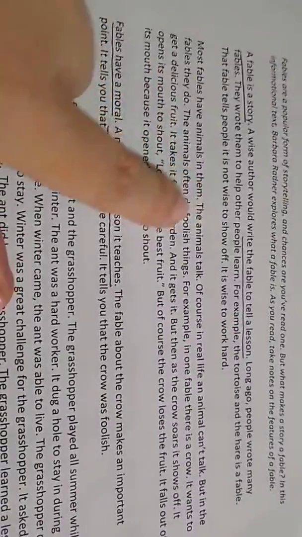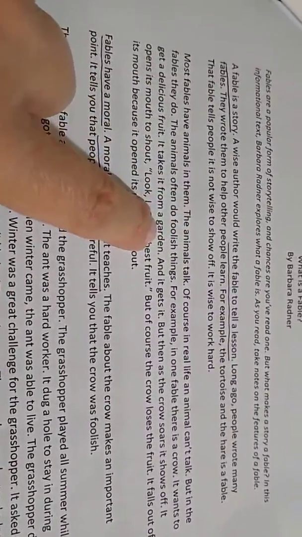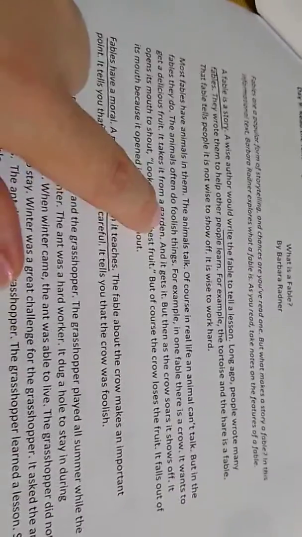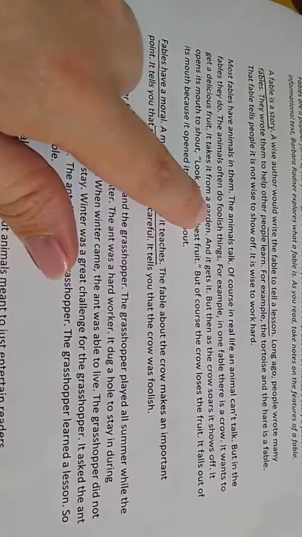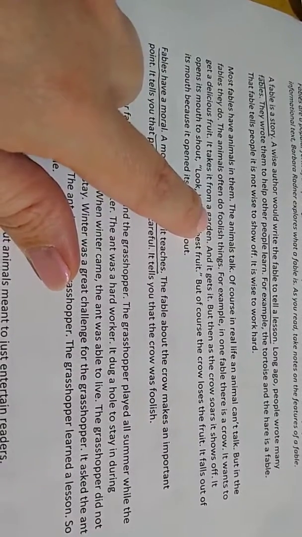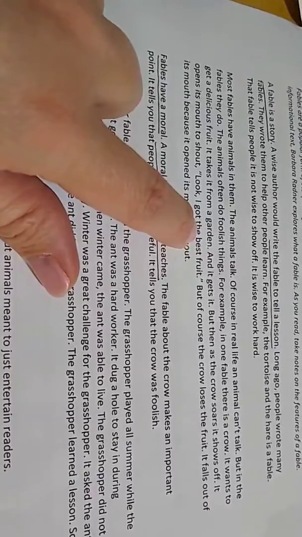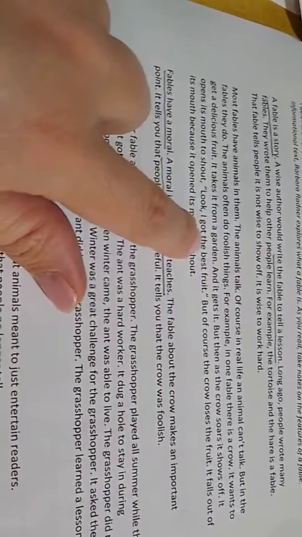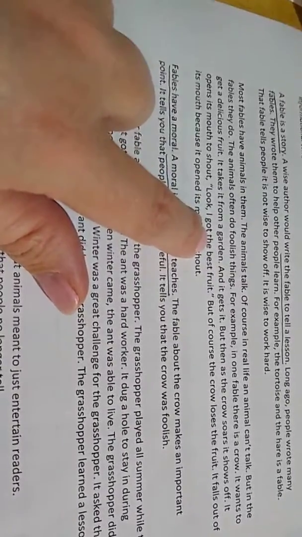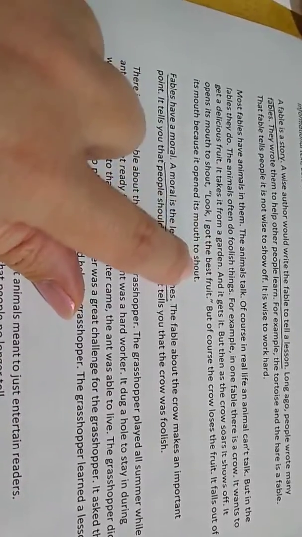But anyway, there is one about a crow where the crow actually gets fruit from a garden, but then as he soars or flies away, he tries to show it off. And whenever he does that, he ends up talking and says, look, I got the best fruit. Well, whenever he opens his mouth, then, of course, he loses the fruit.